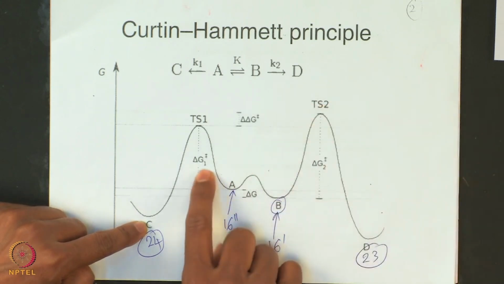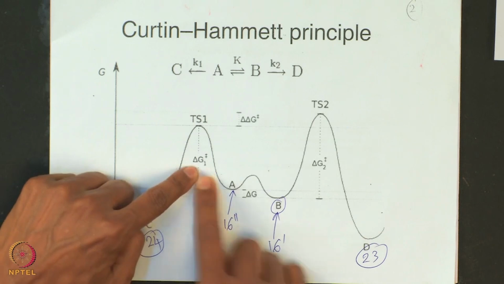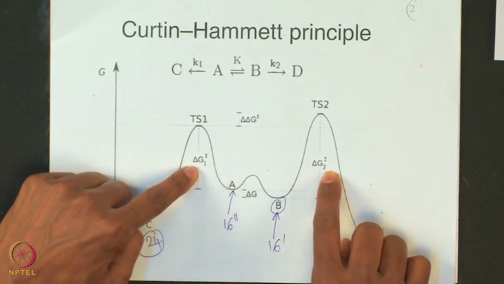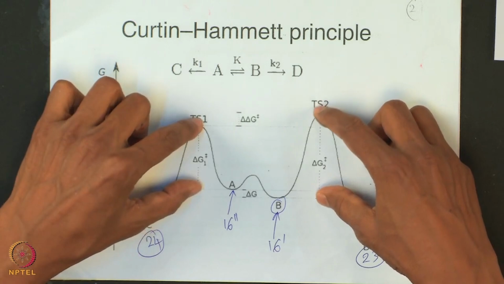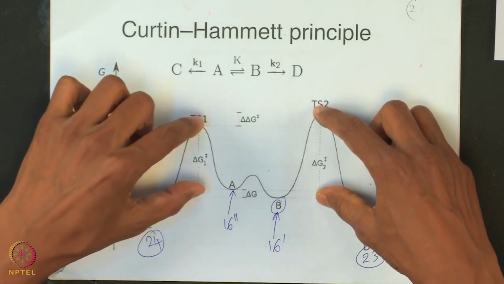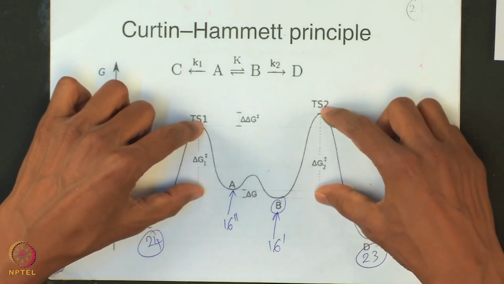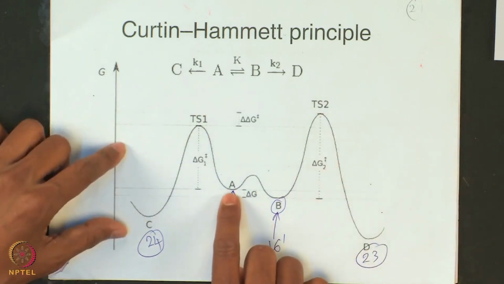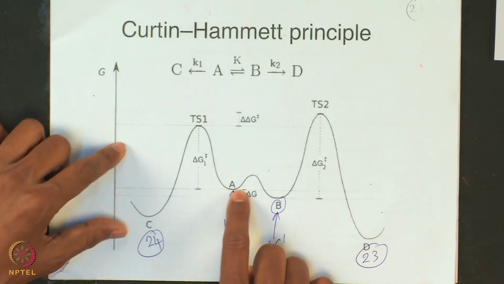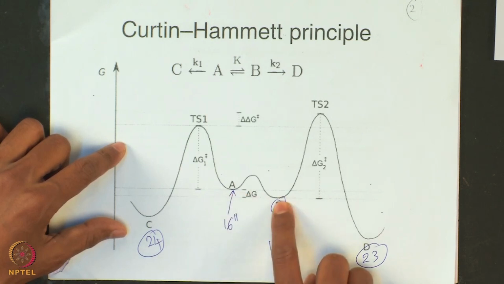So, delta G1 over here is smaller, delta G2 over here is larger. So, this is smaller, this is larger. This is a small part and this is a large part. Now, although you see that A has higher energy, B has lower energy.